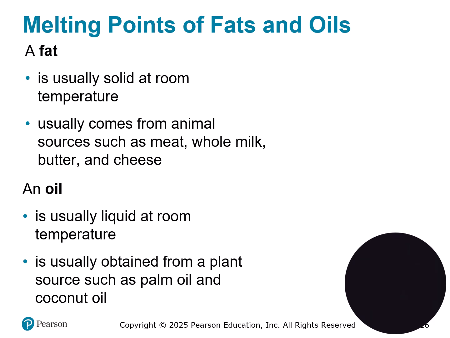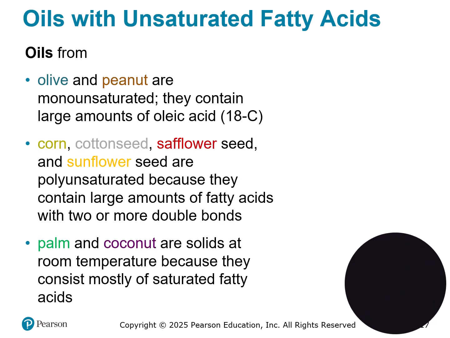And so that's kind of a generalized difference between the two. Do remember, using chemistry in the lab, we can change different things, right? We can hydrogenate something, and unsaturated bonds can become saturated and therefore turn an oil into a solid in some cases, right? But thinking about oils in general, they can come from olive and peanut.